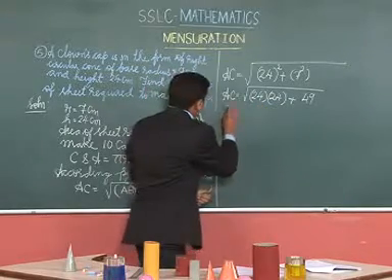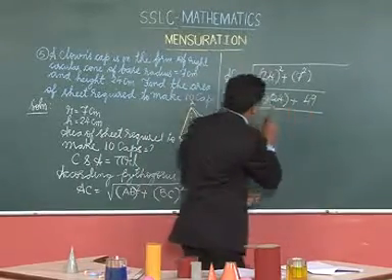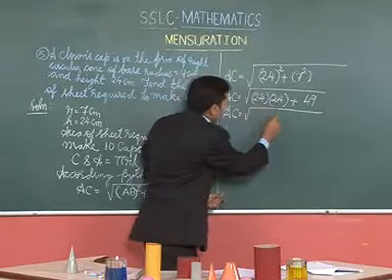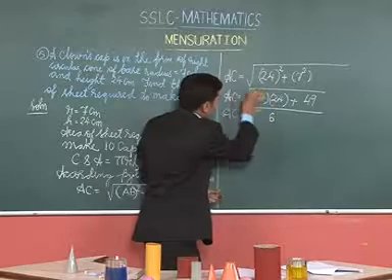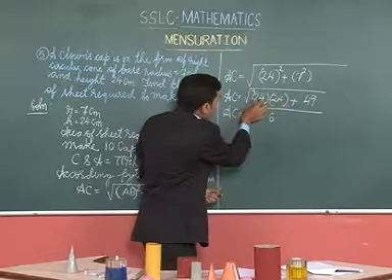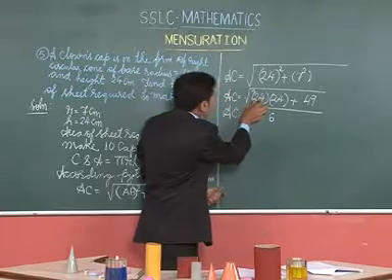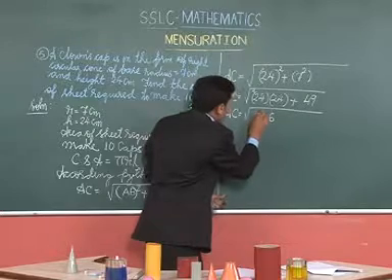Now, moving further, 24 into 4 gives you 96. 6 is written and 9 is carried. 24 into 2 gives you 48. 48 plus 9 gives you 57.